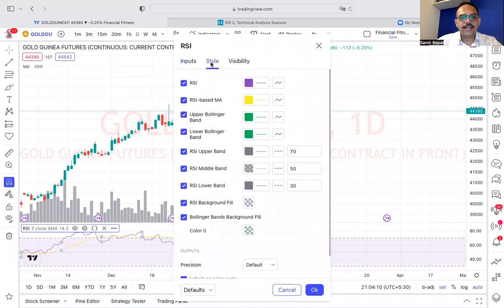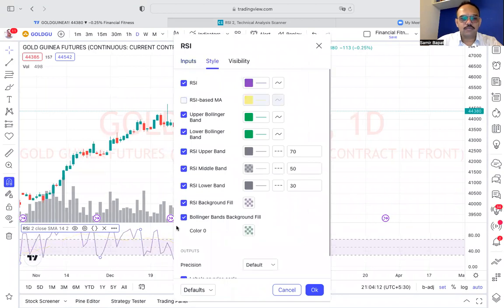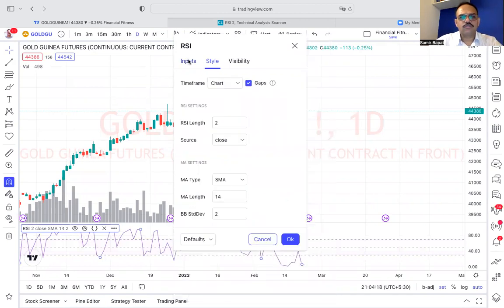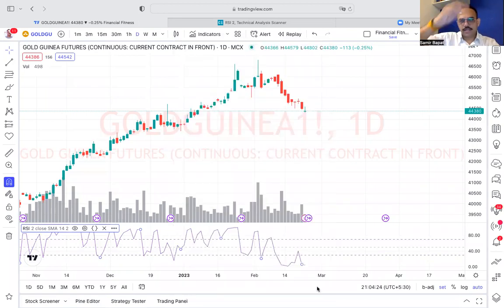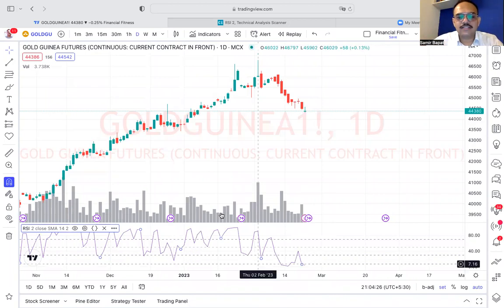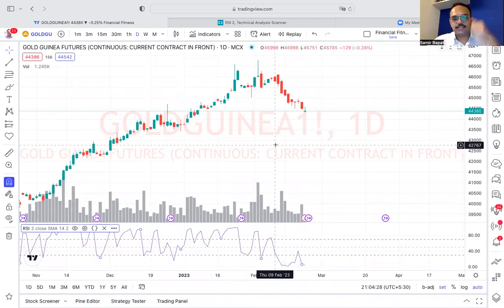Then go to style, remove this moving average and all this background color. These 3 things we removed, not needed for us. Inputs we made 2, style only for this. We say okay.